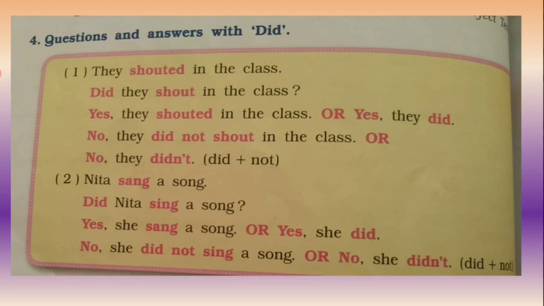Sang a song. Then negative sentence. No, she did not sing a song. In a negative sentence we will not keep V2. We will keep the root of the verb, the base form of the verb. No, she did not sing, or no, she didn't. Here the short form of did not is didn't.